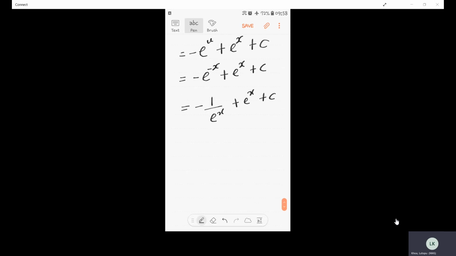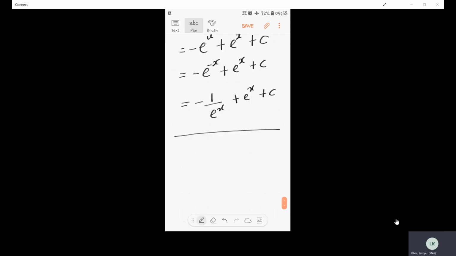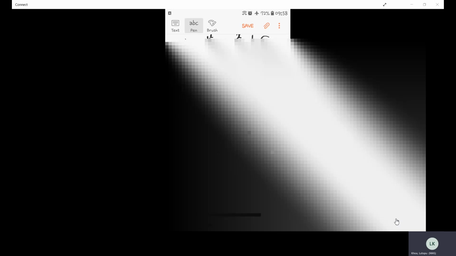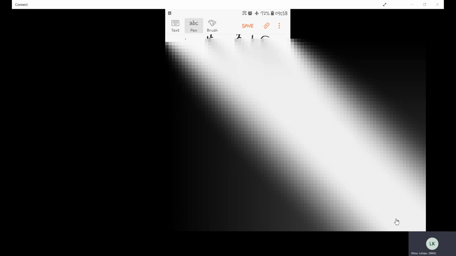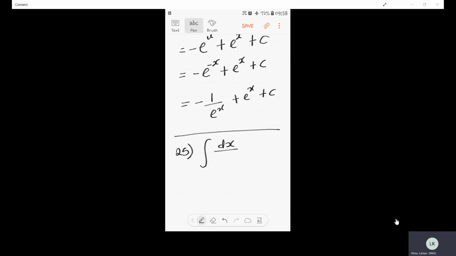And then for the next one, this is number 25. We have the integral of dx over e to the power of 2x.